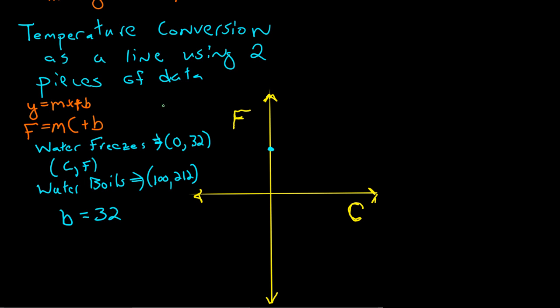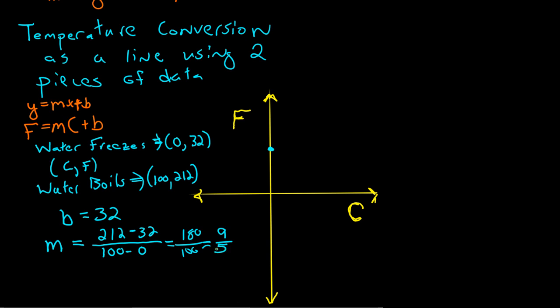So my slope is my difference in y values, 212 minus 32 over 100 minus 0, which is 180 over 100, or 9/5.